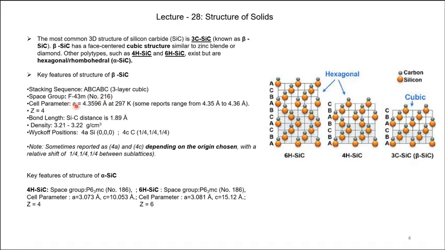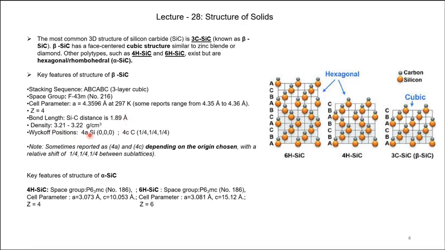As it is a face-centered cubic crystal system, we have a cell parameter a equal to 4.3597 angstrom at 297 Kelvin, but some reports say the cell parameter ranges from 4.35 to 4.36. The number of formula units in the unit cell is Z equal to 4, and the silicon-carbon bond distance is 1.89 angstrom.